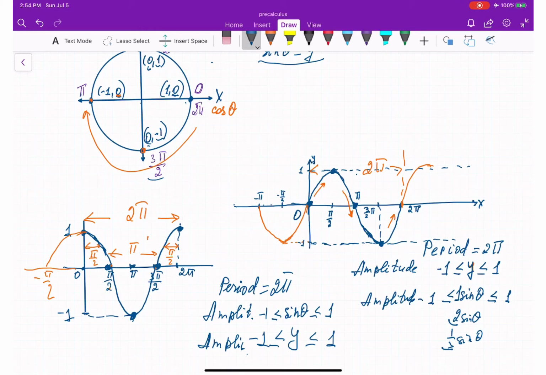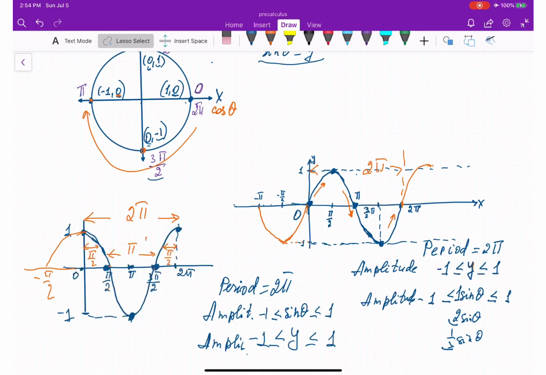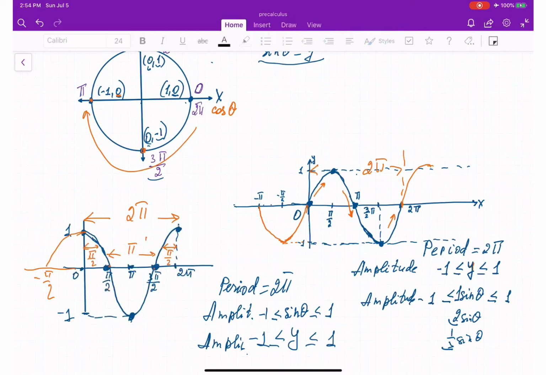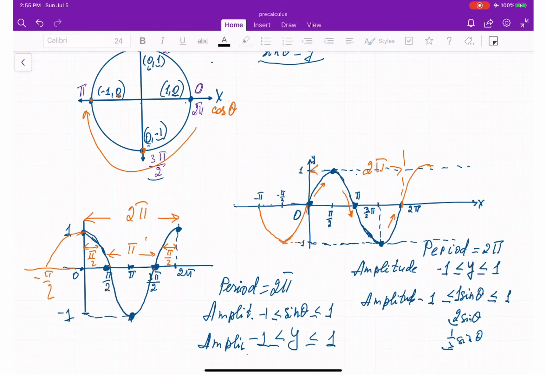Now I want to compare cosine to sine. So let me make a copy of this, and I want to move it here. No, I didn't make a copy.